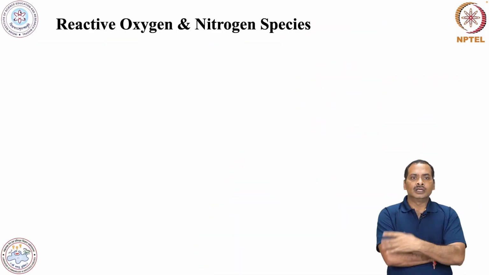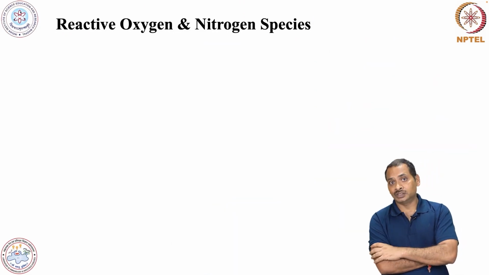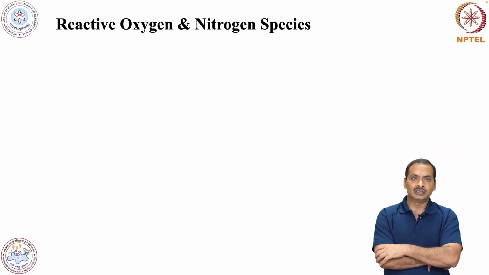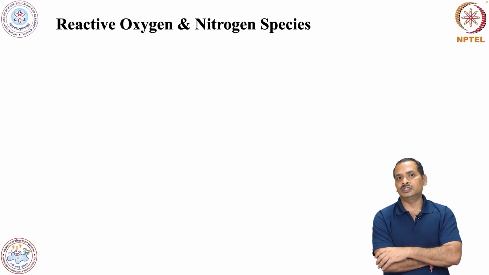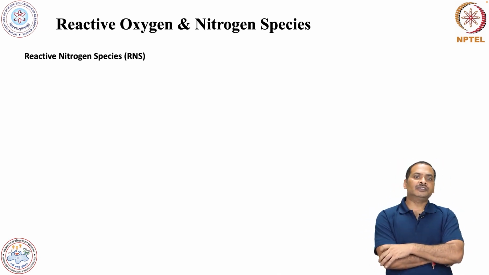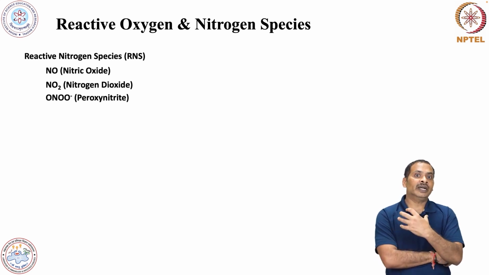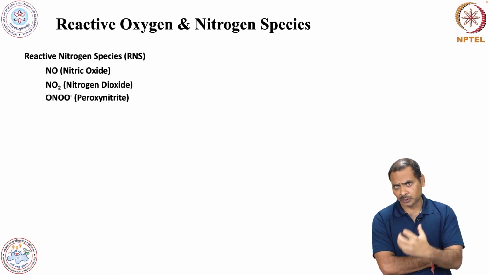Now I would like to tell about how these reactive oxygen species and reactive nitrogen species are generated. But let's first know what the reactive nitrogen species and reactive oxygen species are. Here you can see the reactive nitrogen species are nitric oxide, which is a very active molecule in animal cells, particularly in human.